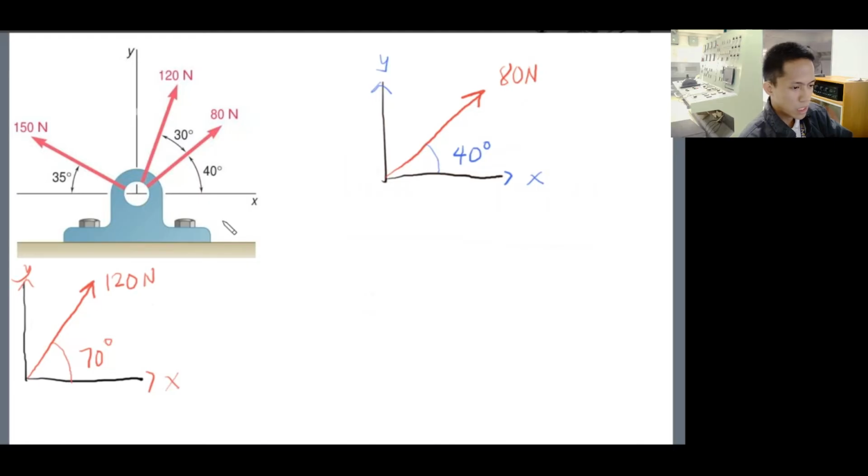Therefore, dito siya naka-directed. So, this is 150 newtons here. So, ang angle niya, we have this 35 with respect sa negative x-axis. So, this is negative x-axis. So, we have here positive y. Now, this angle here is 35 degrees.